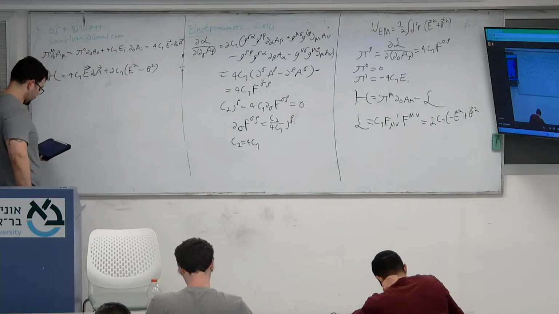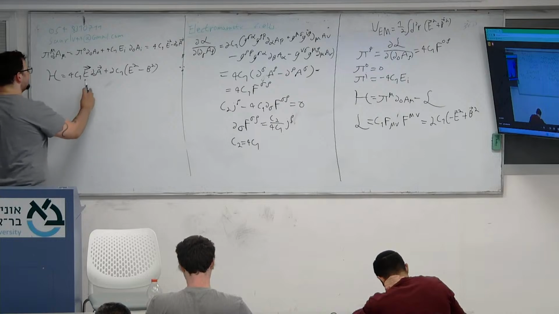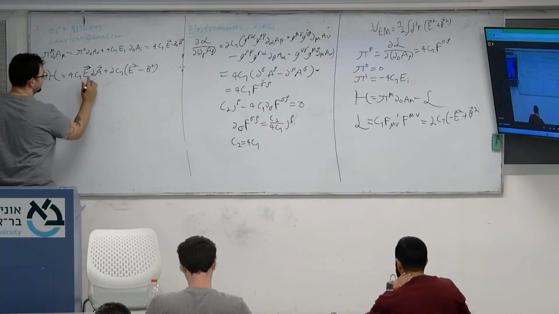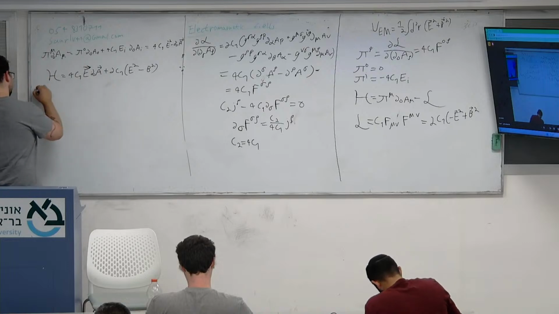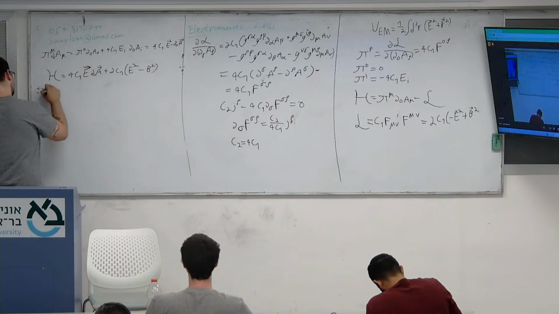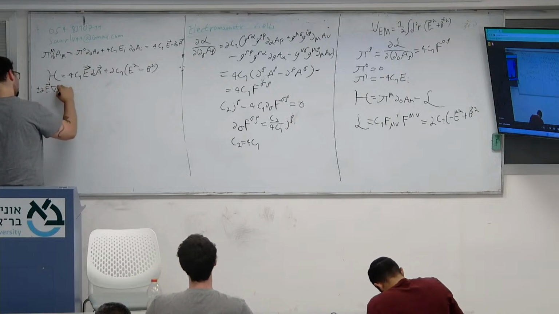Now, I'm going to do a little trick. I'm going to add the missing terms here in the derivative by adding and subtracting 2 E vector gradient 0.